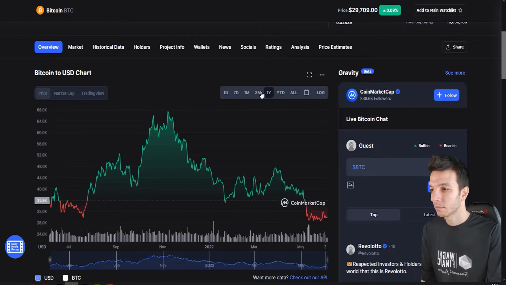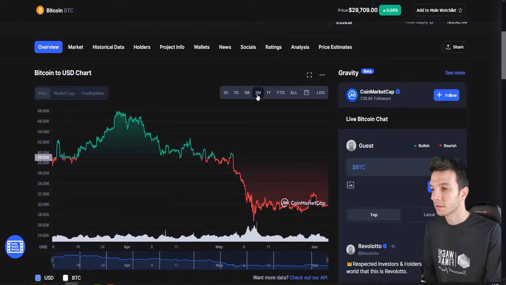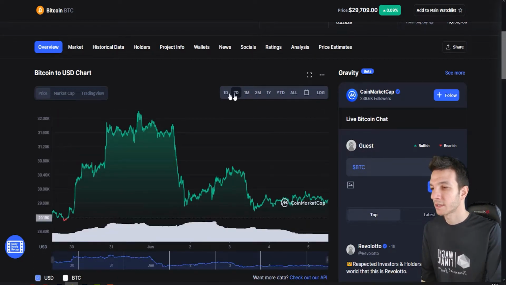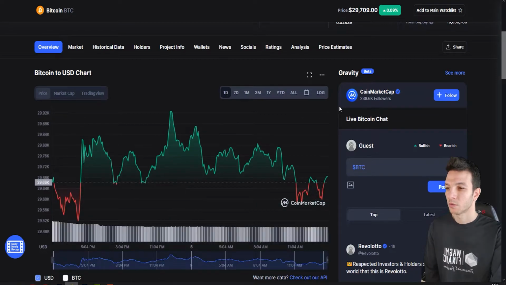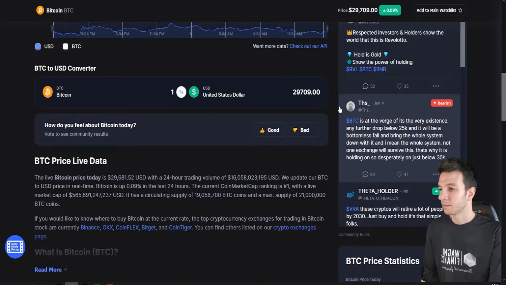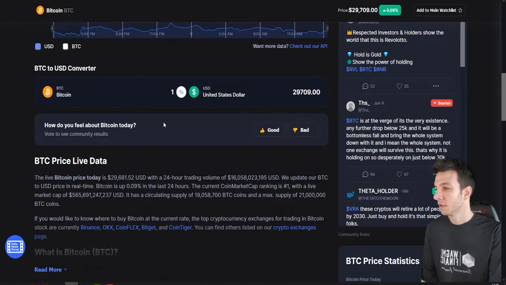The last year, the last 3 months, the last month, the last 7 days, and the last day. So we can also look at the price. Here you have a small simple calculator for Bitcoin or for that project you are looking at. So let's say, for example, we want to buy 2.3 Bitcoin. It just calculates for you how much it costs you to buy this number of Bitcoins.